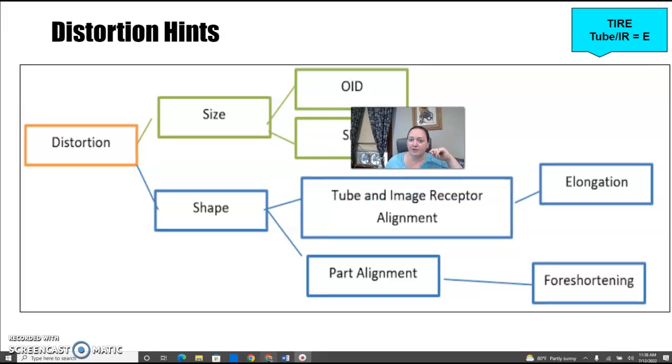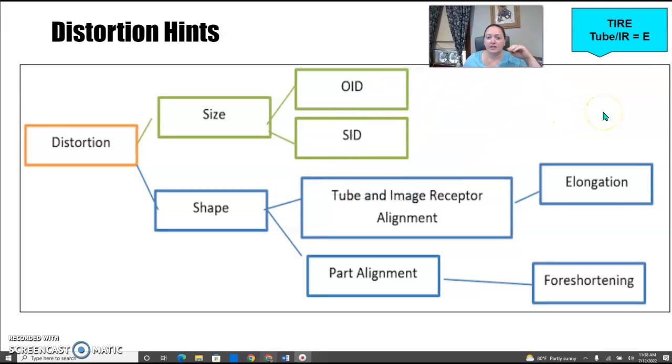Here's just a little breakdown that I made to help students separate the two options. So for distortion, remember, you're going to have size and shape. Size is magnification, and that's OID and SID. Shape is an elongation or foreshortening. For elongation, remember, it's going to be either the tube or image receptor alignment, and foreshortening is going to be the part.